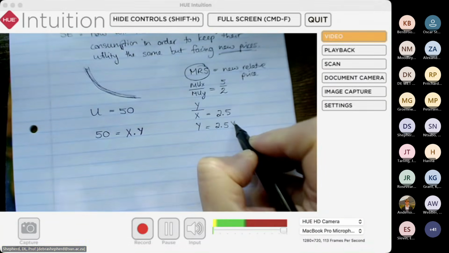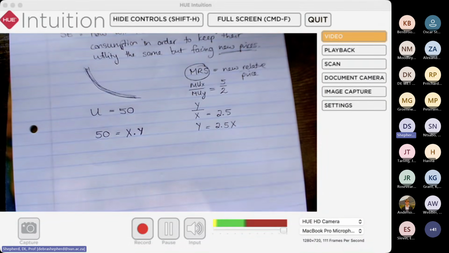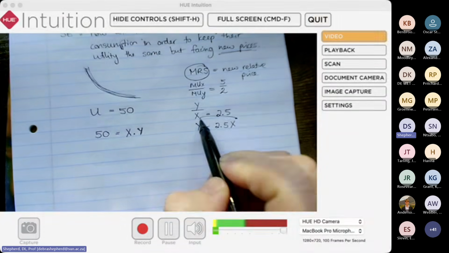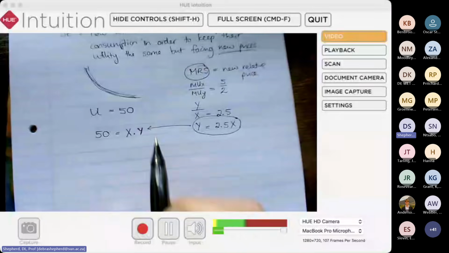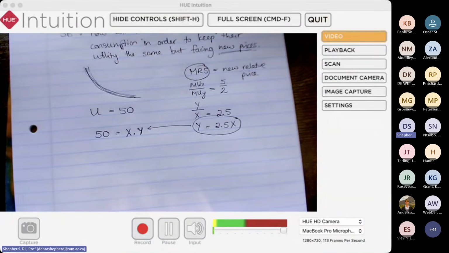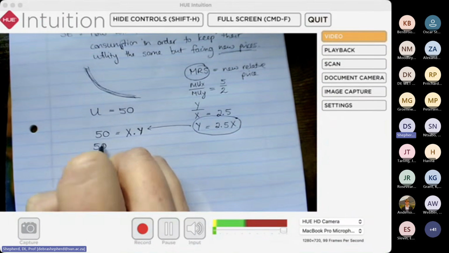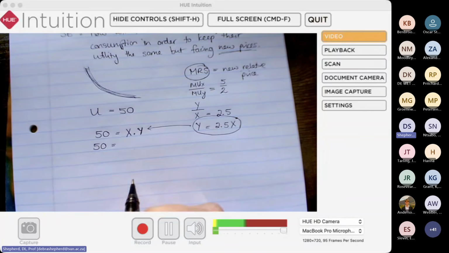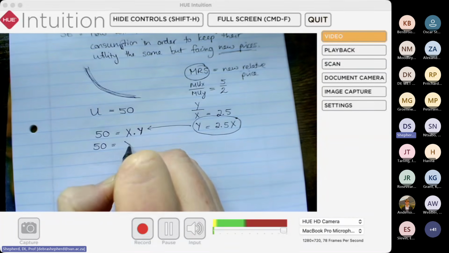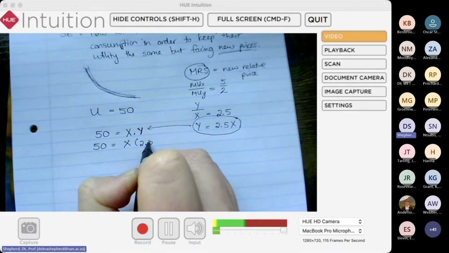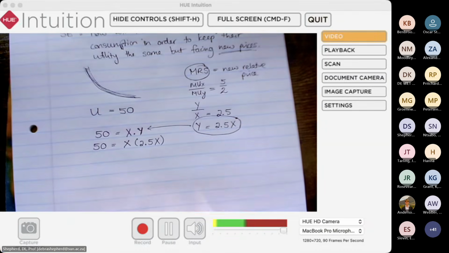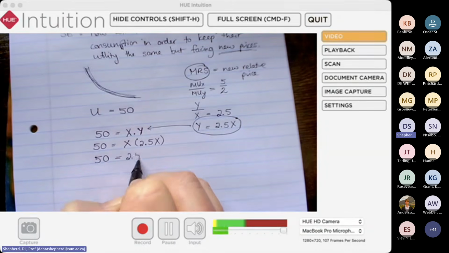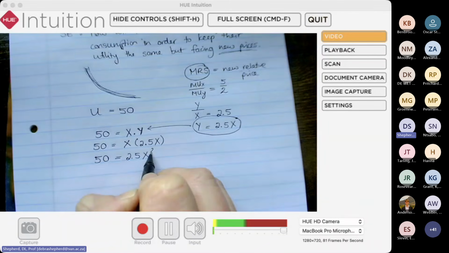Okay. So what I can then do is substitute this into that equation there. I can say that 50 must be equal to x times 2.5x. So 50 must be equal to 2.5x squared.